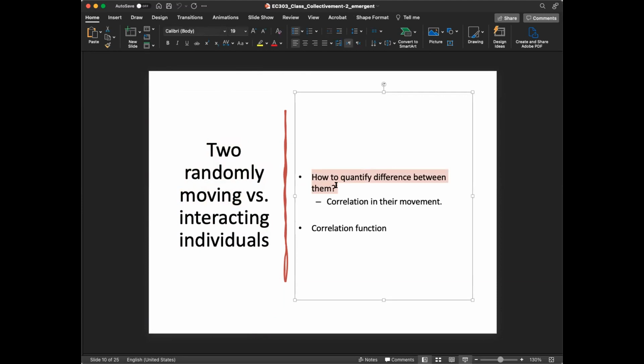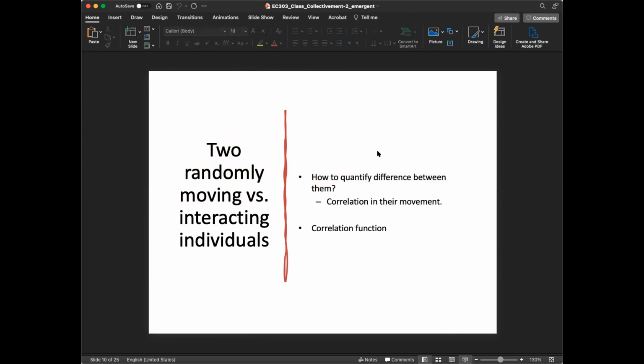I was hoping to ask you this question and elicit a response, but because my slides and animations are not working, you know the answer now by looking at the correlation. Can you explain why? What do you think will be different between two randomly moving individuals and interacting individuals in terms of correlation in their movement?